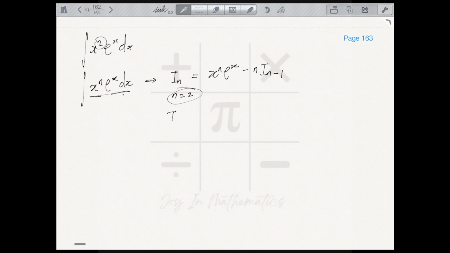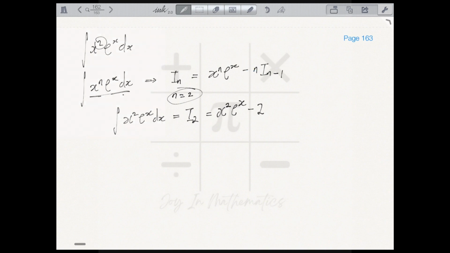Therefore, we have that our integral of x squared exponential x dx is equal to I2, which is equal to x raised to the power 2 exponential x minus 2 I1.